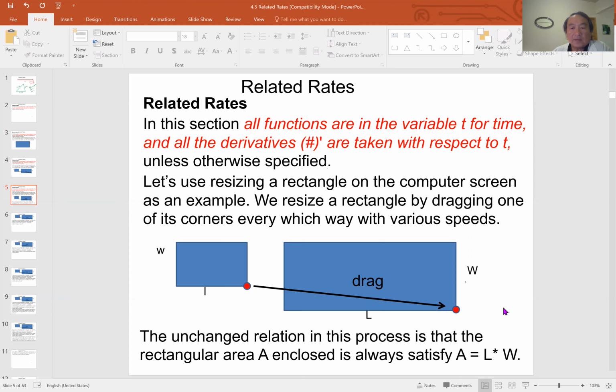So I have this law, area equals length times width, which is always true as the rectangle changes. Now, as I drag, the length and the width, the distances, change. So if I tell you how fast those distances are changing, the length and the width, that is their derivatives. In turn, I can compute how fast the area of the rectangle is growing.